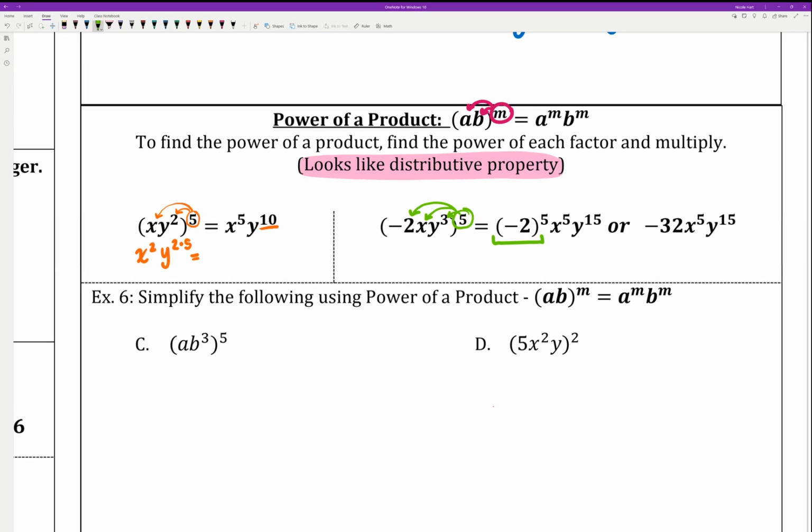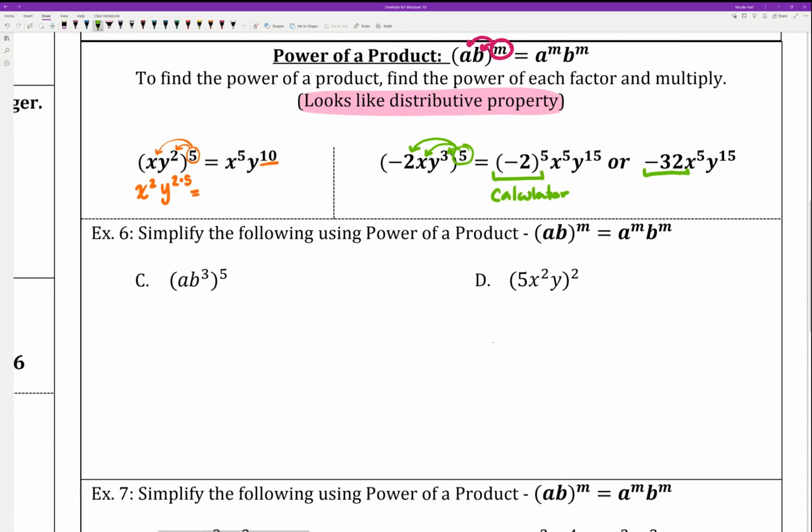When we evaluate that with our calculator, that provides us with negative 32 as the simplified version of negative 2 to the power of 5. We have x to the power of 5, and then y to the power of 15, because 3 times 5 equals 15. So let's practice this with some examples.